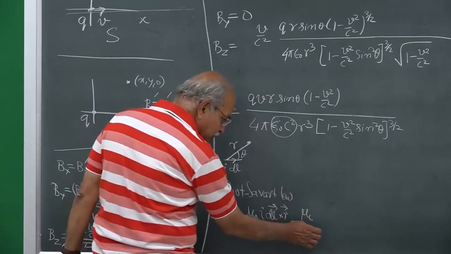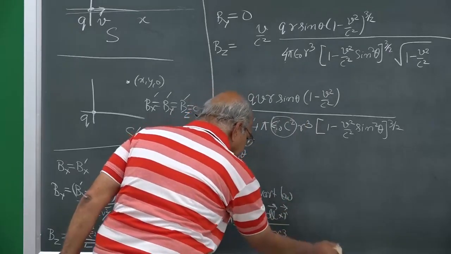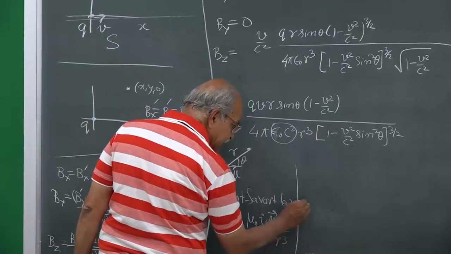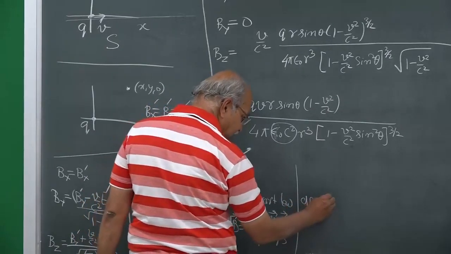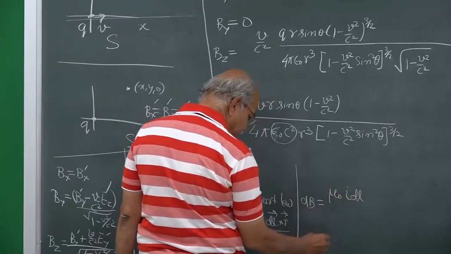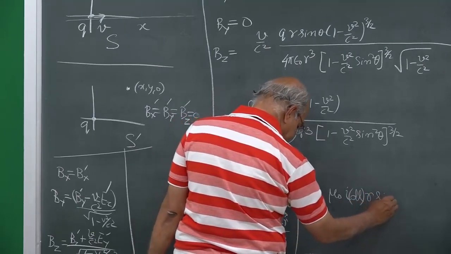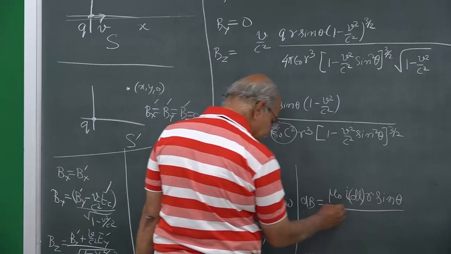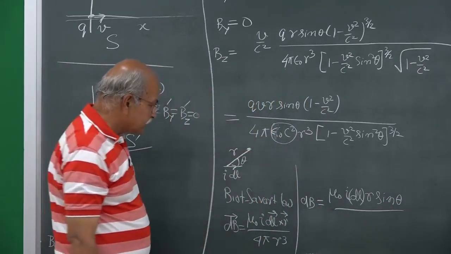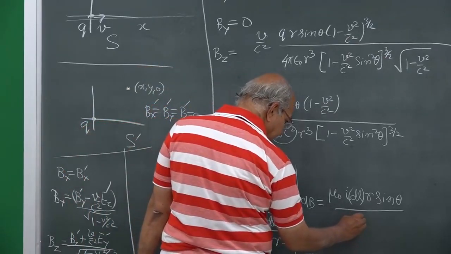So, let me take the magnitude. The magnitude is dB equal to mu naught I dl and then r and sin theta, where theta is the angle between this dl direction and this r direction, and then divided by 4 pi r cube.